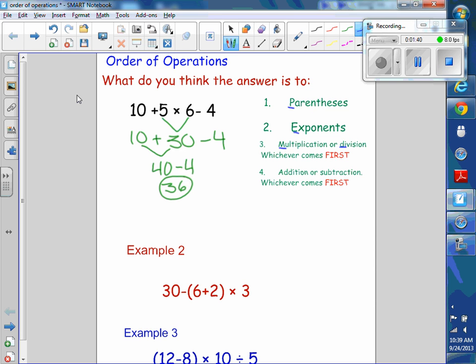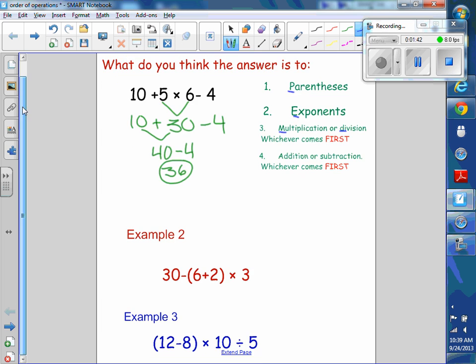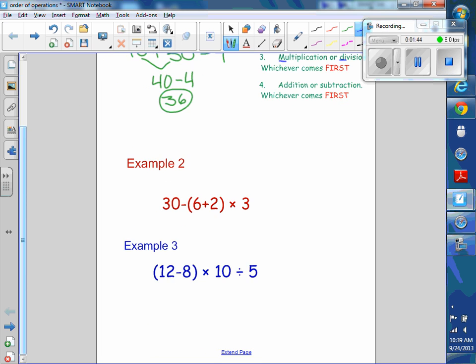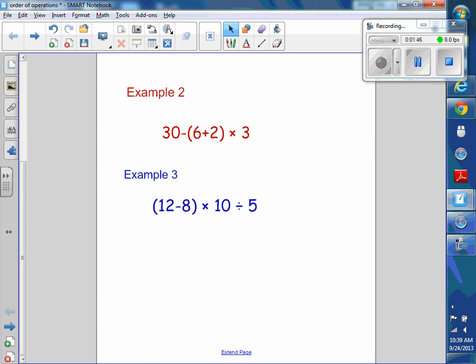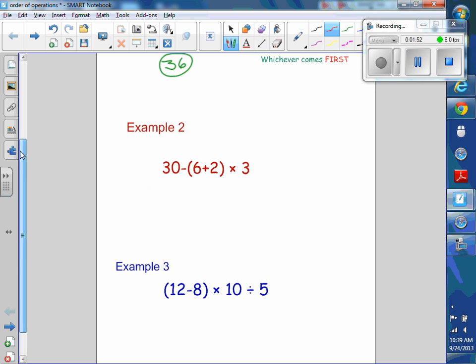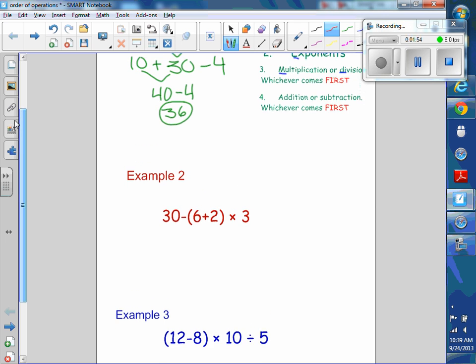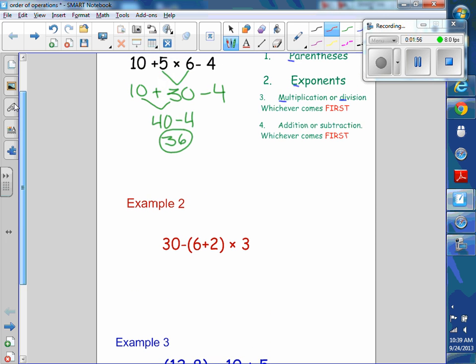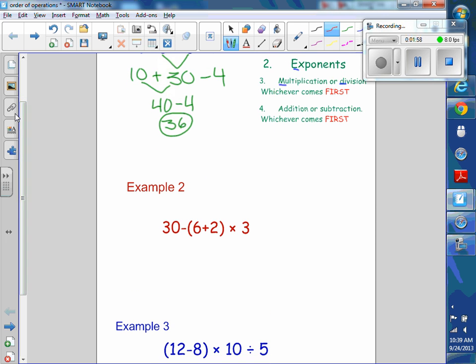Okay, so next problem. Emma, what would you do on the next problem? Looking at the order of operations. Right, because you did parentheses first.